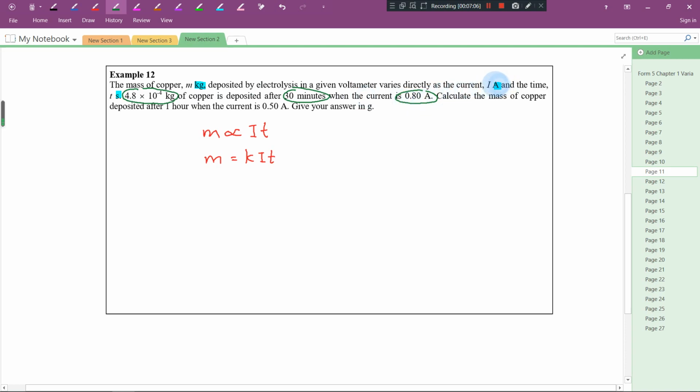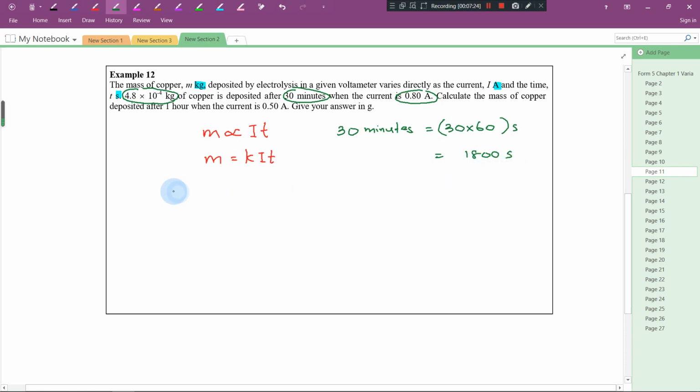Ampere, no problem. But this is minute, this is second. What we need to do is change the minutes to second first. It's equal to 30 times 60 second.